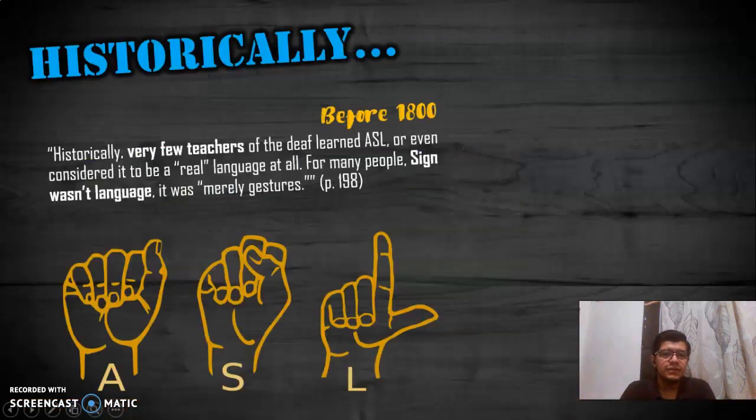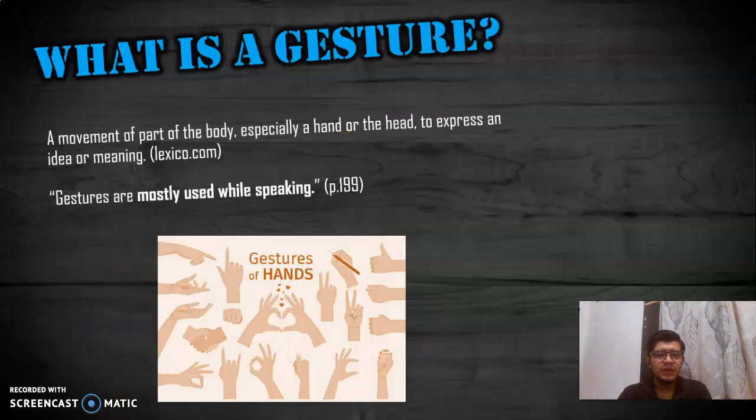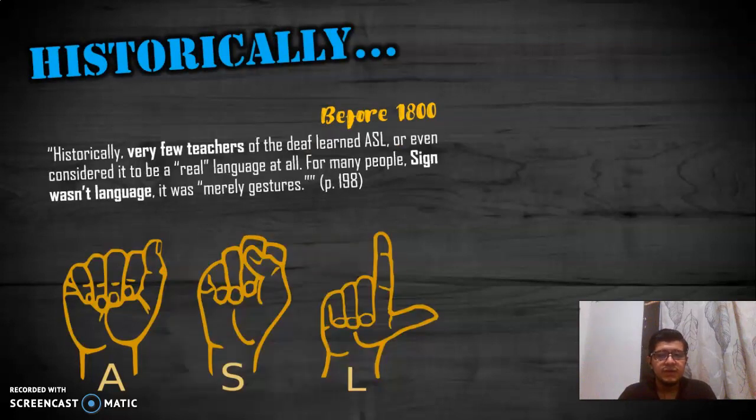Well, historically, American Sign Language has been considered by many teachers as simple gestures, but we have to start by defining what a gesture is and what a sign language is.